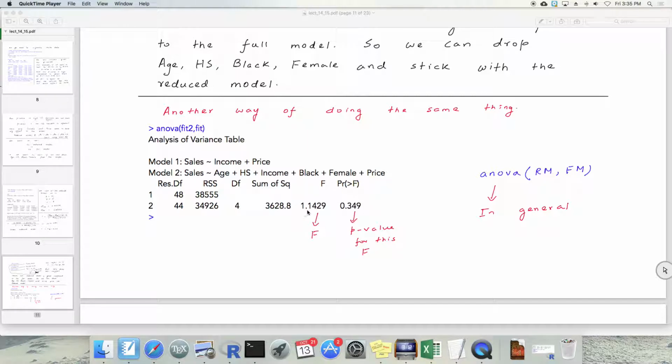The F is 1.14, the same as ours, and the p-value is this. Now the p-value is high. P-value high means good for H0. That means we are keeping the reduced model. So that's just another way of doing the same thing, but you have to do less, that's all.